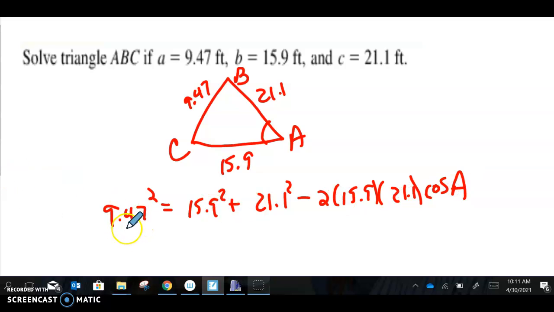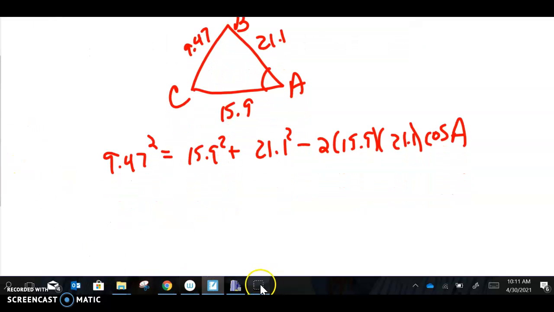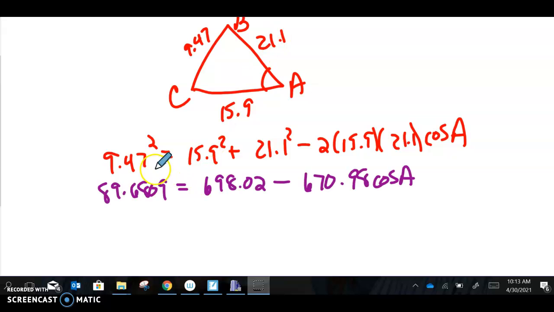Please be very careful with this, guys. Do this addition, subtract it from here, and then you divide by this before you take the cosine. Let's do this step by step. I'm going to put the work up so that I can go through it without writing. I square this, I get this.